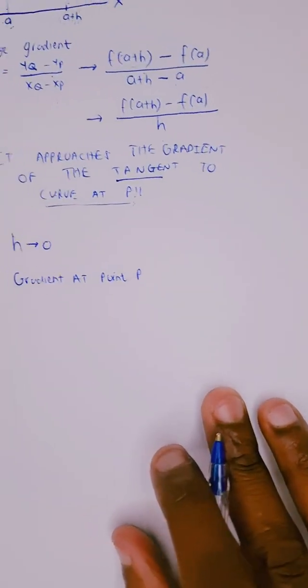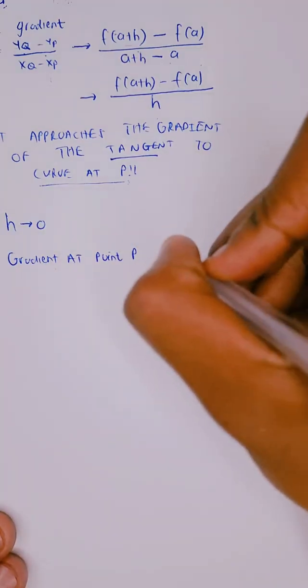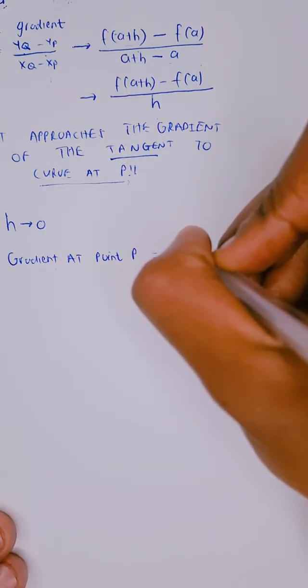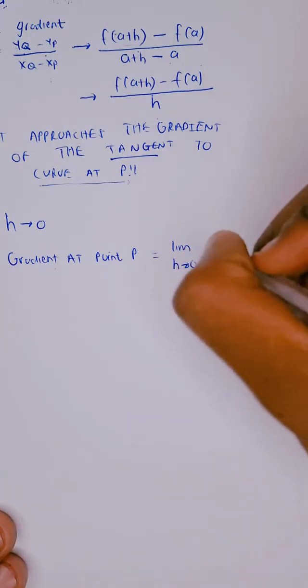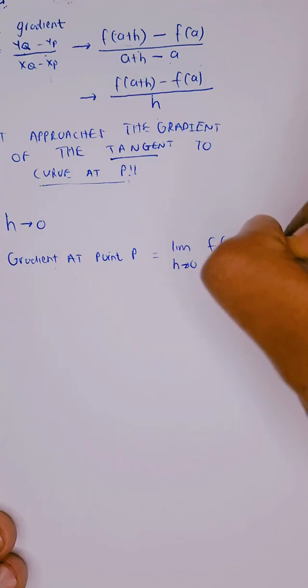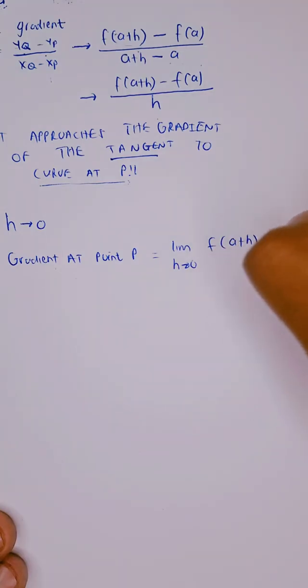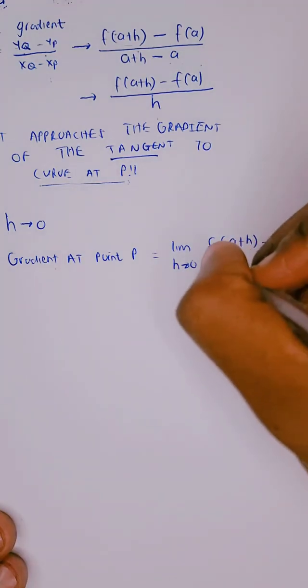The gradient at point P is simply this. It is the limit as h approaches 0 of the average gradient.